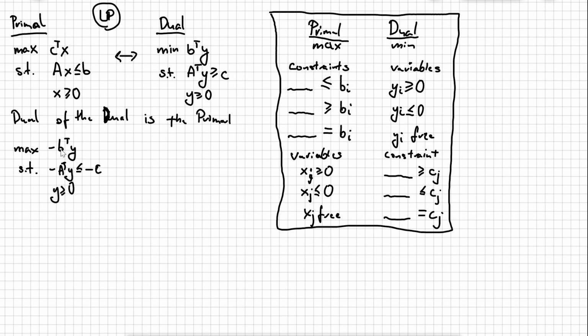Now let's apply our rules to formulate a dual for this. So the dual for this, if this were the primal now, would be minimization. Now I need to take the right-hand sides and put them in the objective. So the right-hand sides are minus c. I will need to transpose them times some variables, call them y.